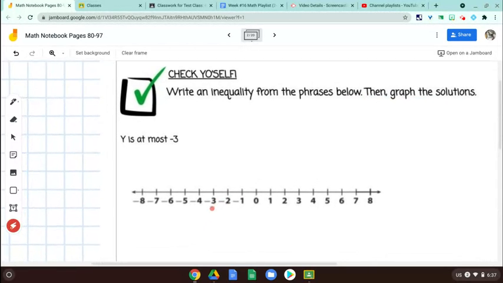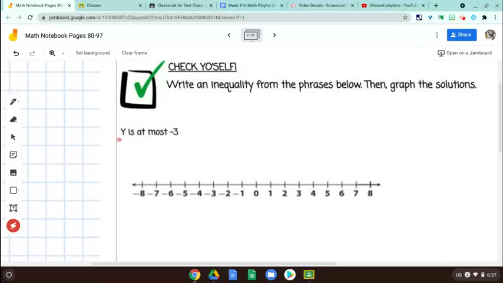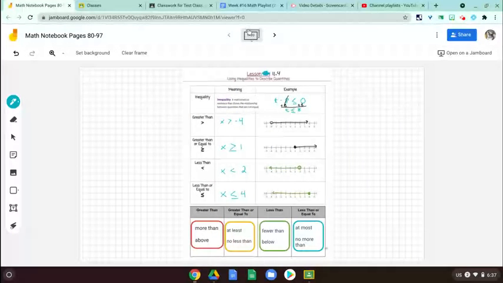So we have our first example here, first phrase, y is at most -3. Looking at this phrase, I notice a clue word, or two clue words, at most. I remember that from the previous page of notes, page 80. So I'm going to see what at most means in an inequality sentence or phrase.